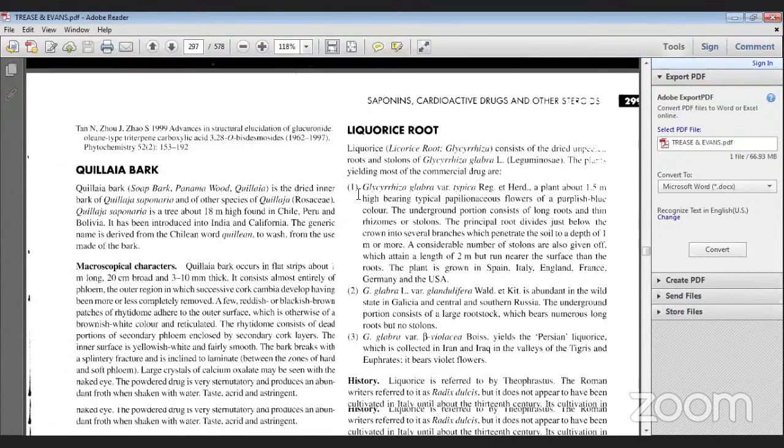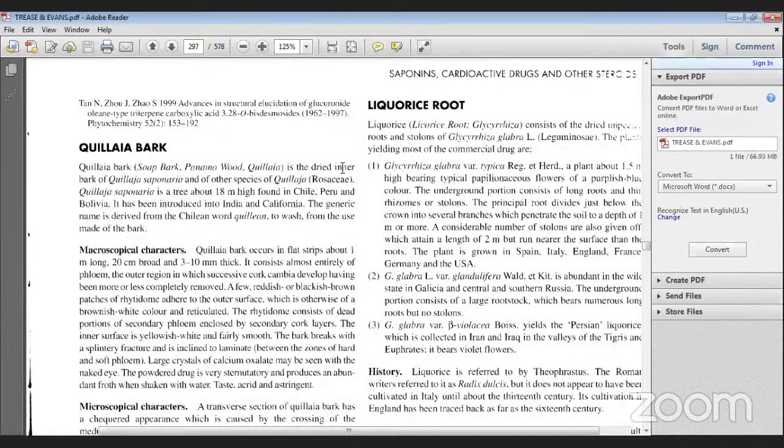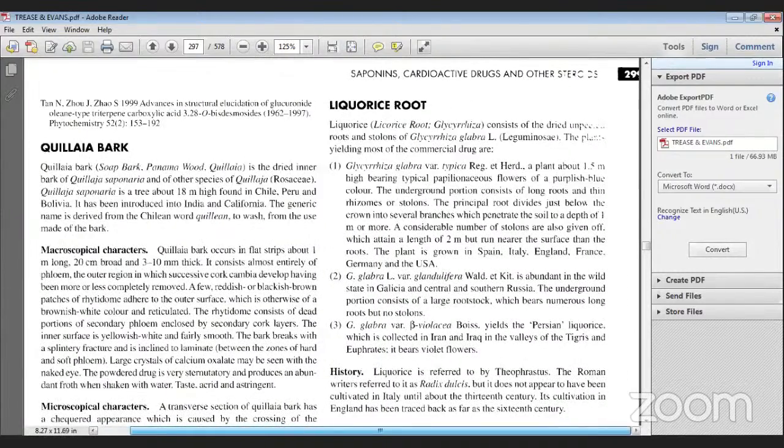Next are the details of liquorice. In Bengali, liquorice is known as Jashtimadhu.